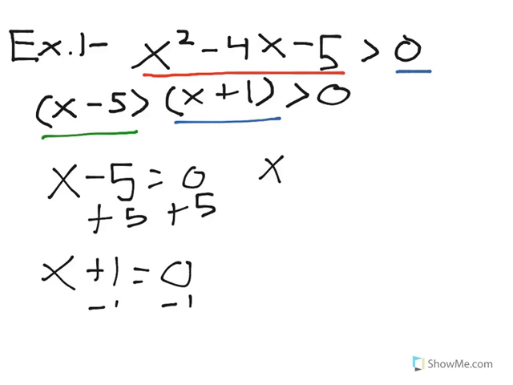So x is equal to 5, and x is equal to negative 1. So these two are where the zeros are located for this equation.